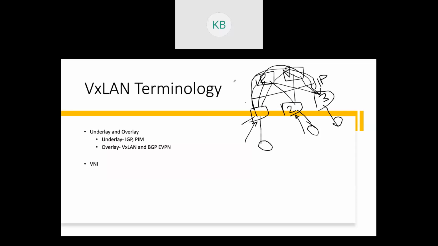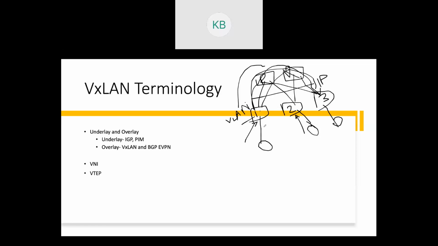The VLAN number is thrown away, and you put a mapping between the VLAN and the VNI on all the switches here. That VNI number is attached to your packet. We will look at the packet format and how the encapsulation is done, but this is what a VNI is. It is basically a number, and that number is pretty huge. It's a 24-bit number, close to 16 million.